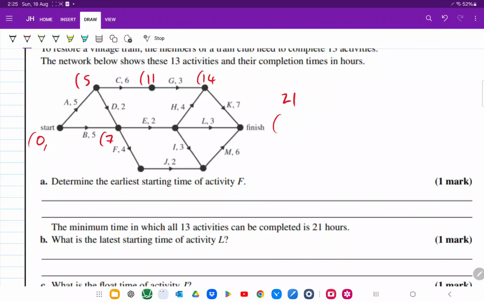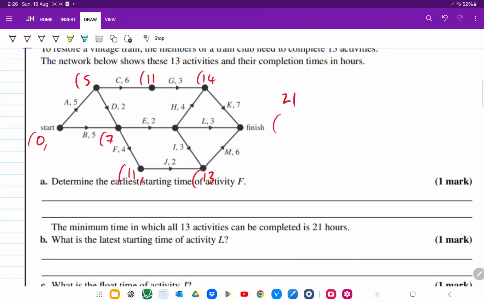Alright, so let's keep going. 7 plus 4 is 11, and 11 plus 2 is 13, but I'm going to check that with the other nodes. 5 plus 2 is 7, plus 3, 10. Okay, so that's good.